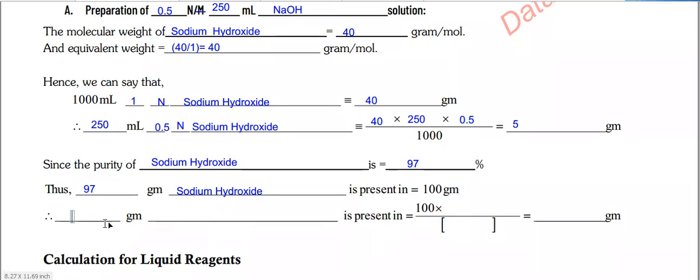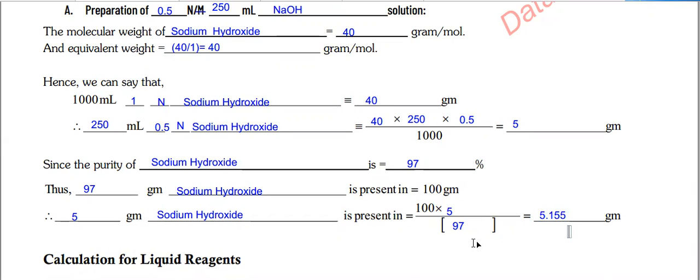Therefore, 5 gram of sodium hydroxide will be present in 100 into 5 divided by 97, and which is 5.155 gram.